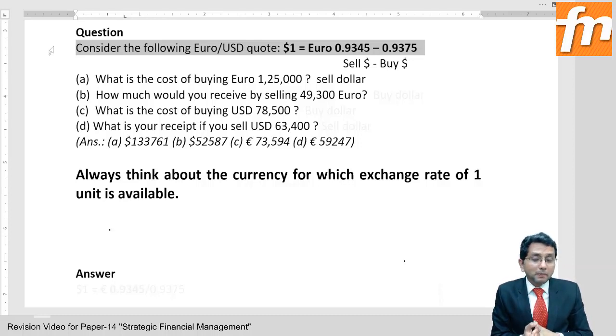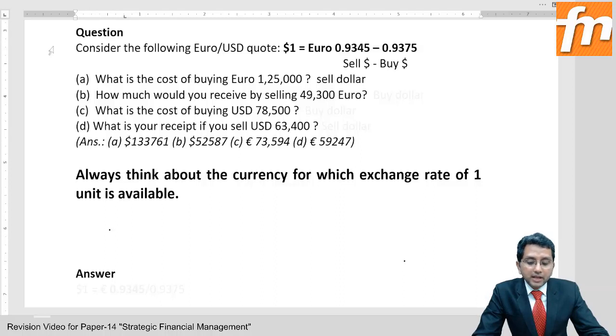So let's think about buying and selling dollar. Even if the question says buy euro, you'll say, okay, I'm buying euro, it means I'm selling dollar. So just think in terms of dollars, not in terms of euros. Question says sell euro. You'll say, okay, I'm selling euro, it means I'm buying dollar.